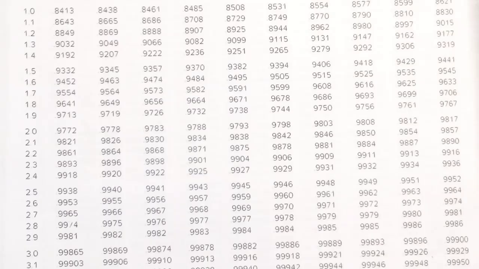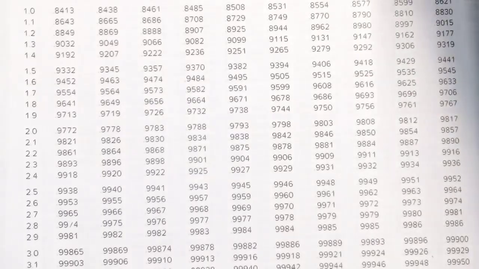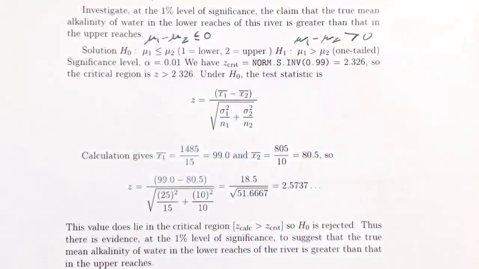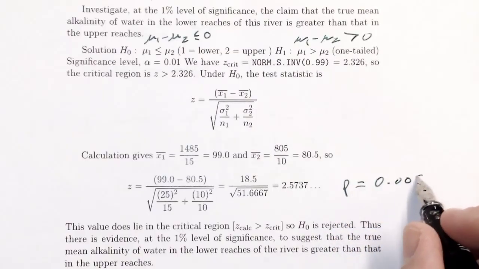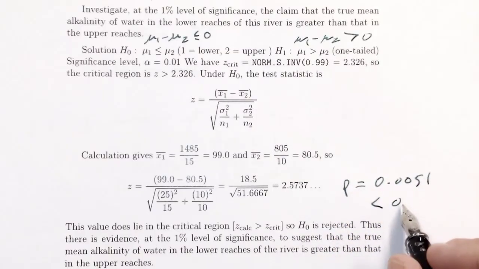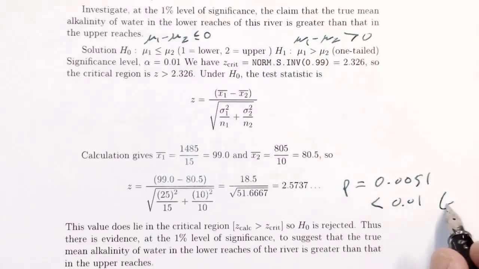Out it goes. P-value is too small. Bye-bye. Which means there is something changing the alkalinity. Questions?